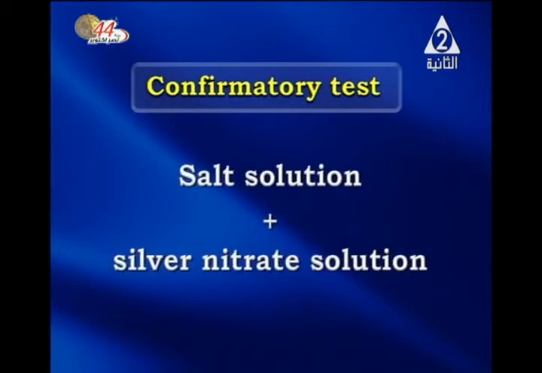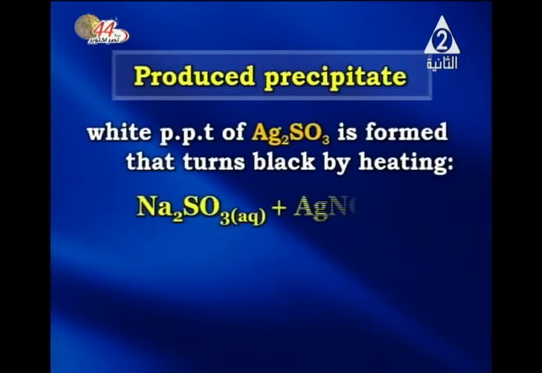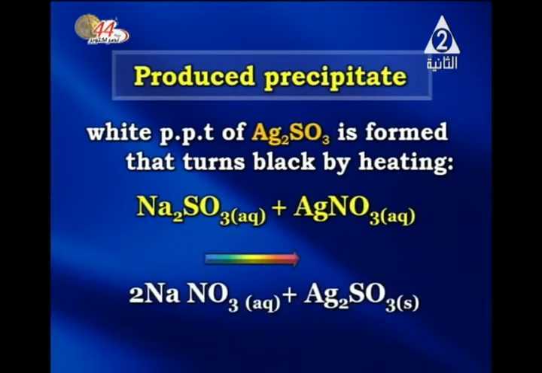Here the salt solution plus silver nitrate solution, the produced precipitate here is a white precipitate of silver sulfite, which turns black by heating.